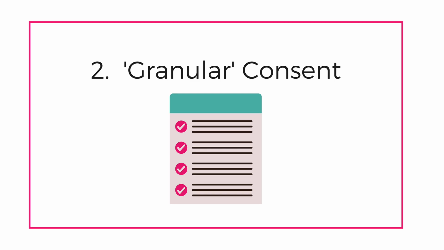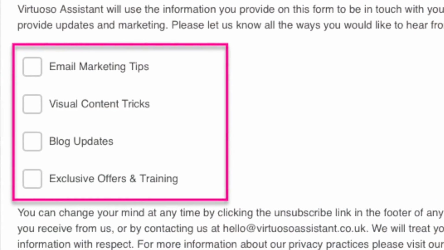Number 2, separate consent for separate things. In my last tutorial, I explained that if you are going to be sending different types of email marketing campaigns, you need to allow your subscribers to choose exactly what sorts of campaigns they'd like to receive from you. I showed you how to add granular options to your sign-up forms to allow your subscribers to choose.